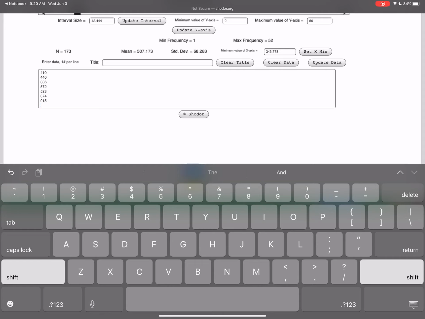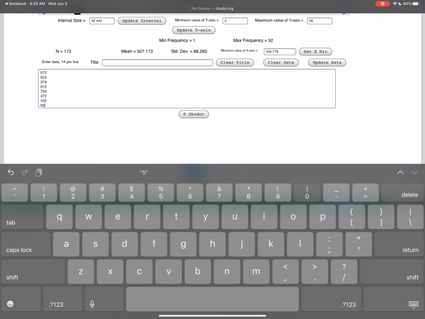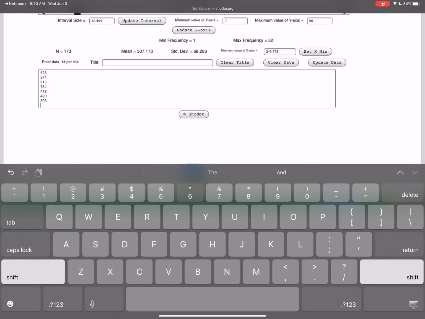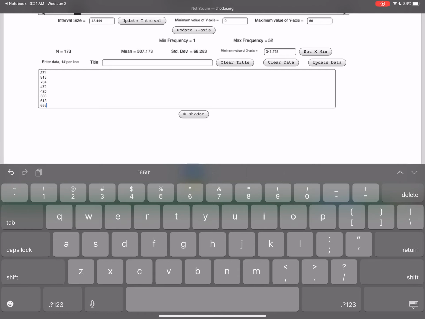I'm clicking enter as I'm going through. I'm not going to list it as a whole line. I'm just going down, writing these numbers. Doing this by hand would be a pain, but using your phone or your laptop or whatever you have on hand makes it a lot easier.